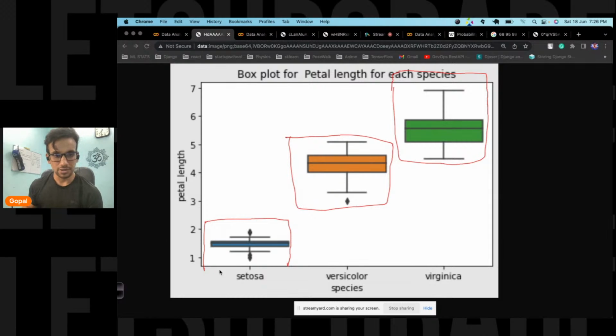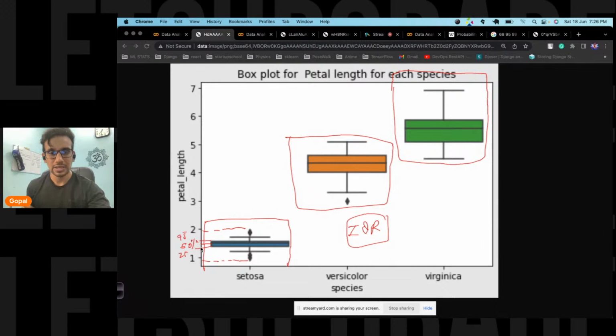I don't know if you can see this, but this median point is looking like the IQR plot which we just saw. So this middle point is your 50th percentile, this one is your 25th, and this one is your 75th.